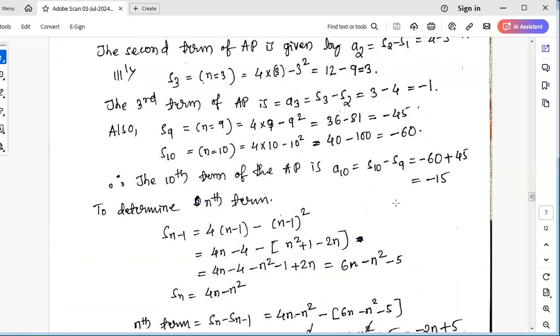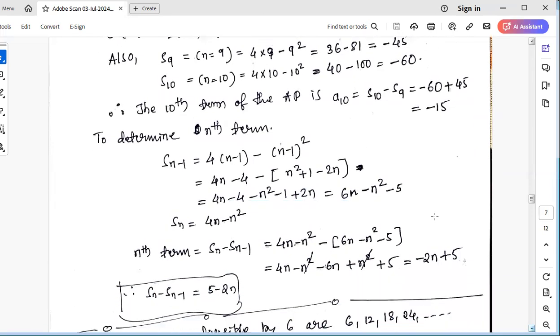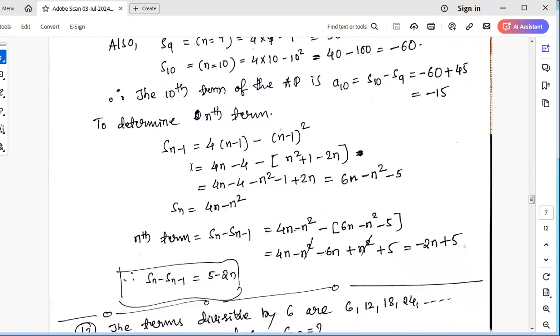Then to determine the nth term of this problem, I will change the Sn. This is the given sum, Sn equal to 4n minus n square. Wherever n is there, I will put n minus 1 to get the previous term. So replace n with n minus 1.